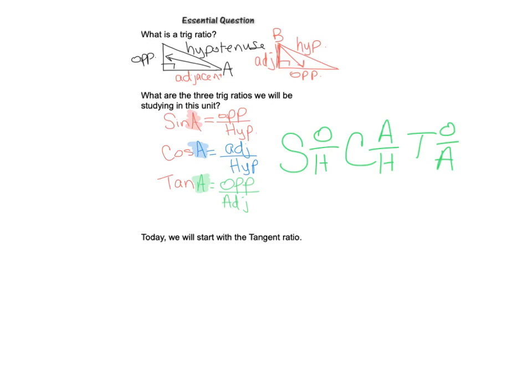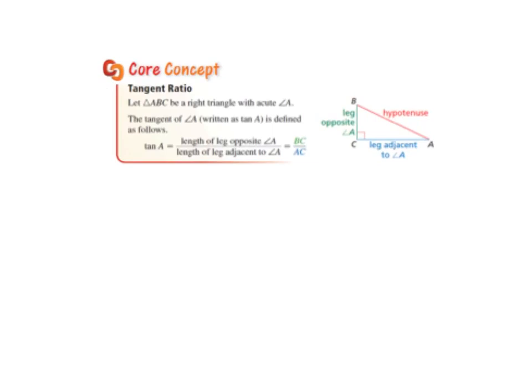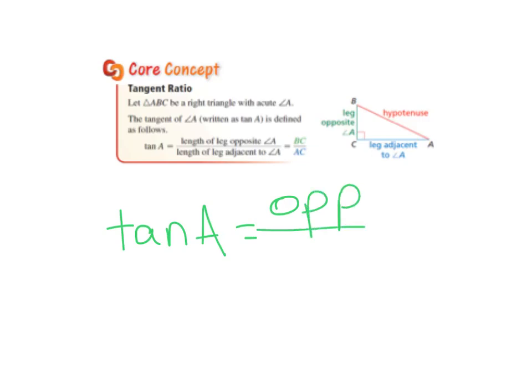We're going to really look at tangent today and tomorrow, so you see how to find side lengths and angle measures just with that one ratio. Okay, so the tangent ratio, as we said before, the tangent of an angle, in this case we're going to call it angle A, is going to be the side opposite of it over the side adjacent to it.